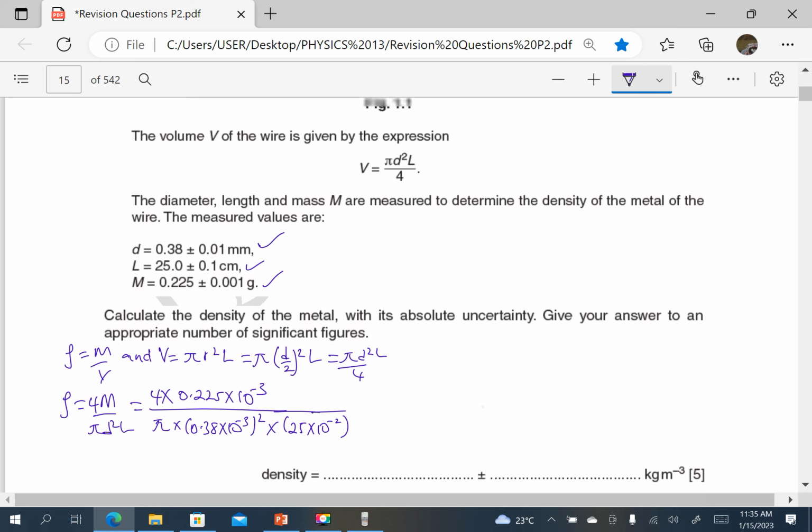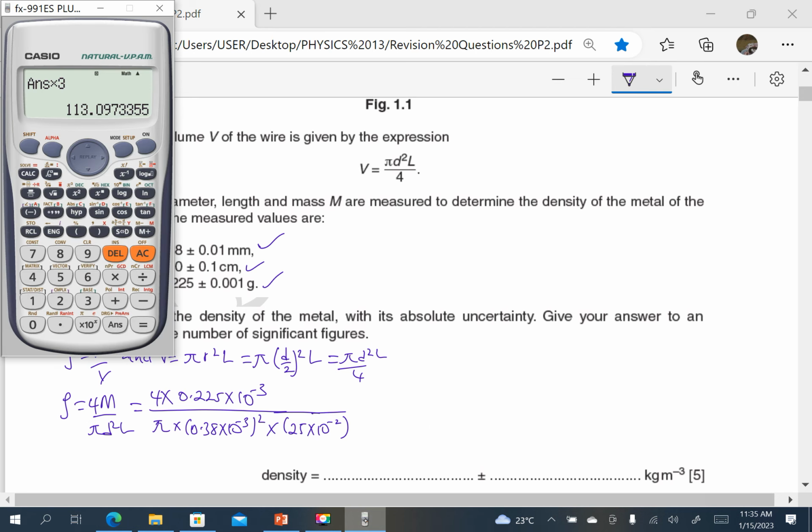So we can check this with our calculator. So this is going to be, open brackets, 4 times 0.225 exponent negative 3, divide by, open brackets, pi, 0.38 exponent negative 3, but this is squared.